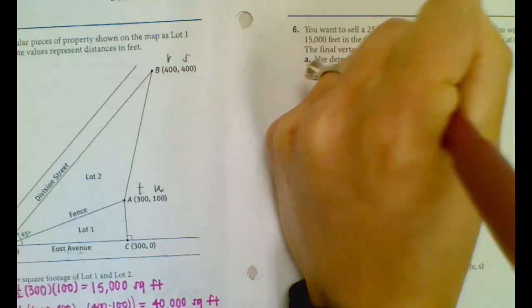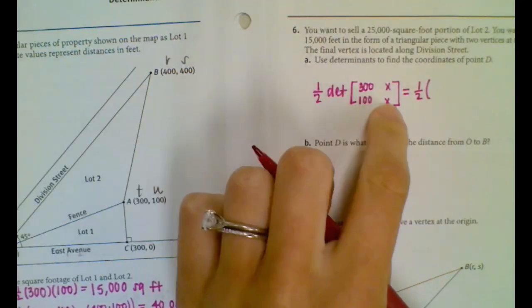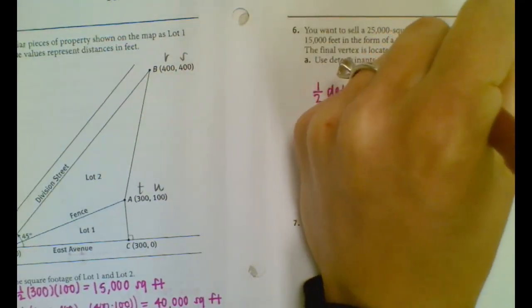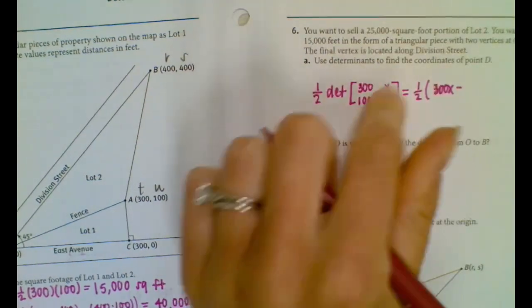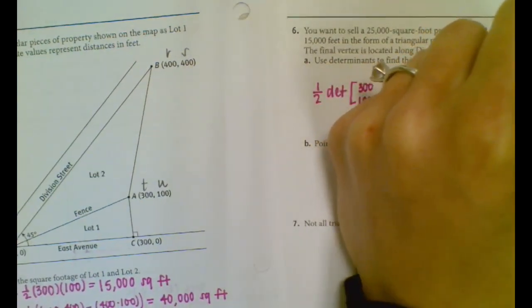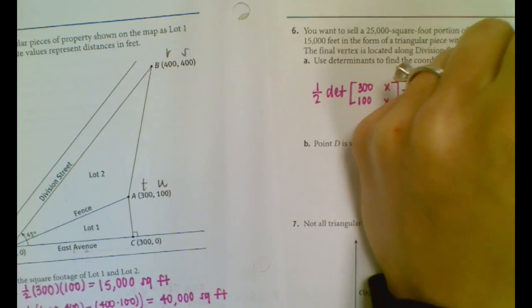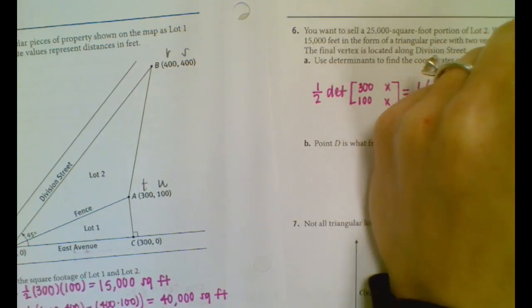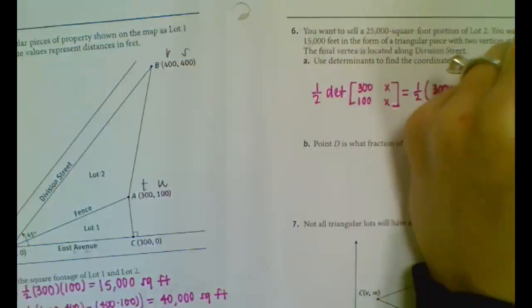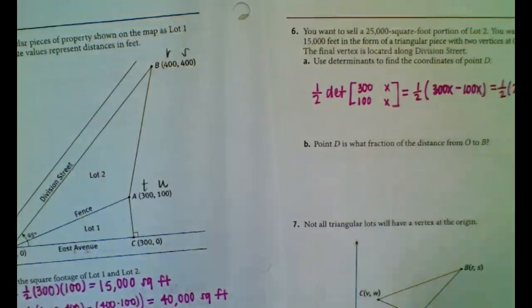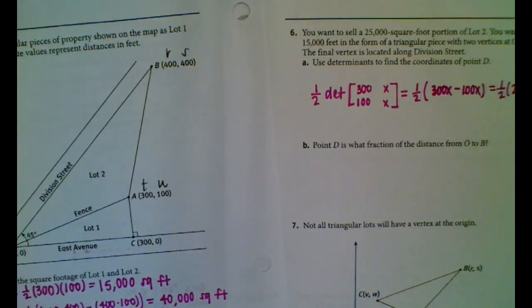So I have 1/2 times 300x minus 100 times x, which gives us 1/2 times 200 of x, which equals 100x. Okay?